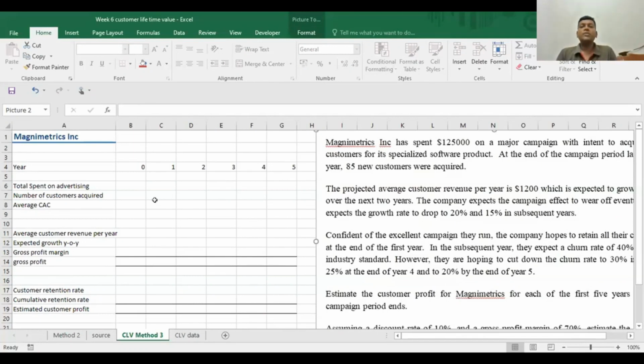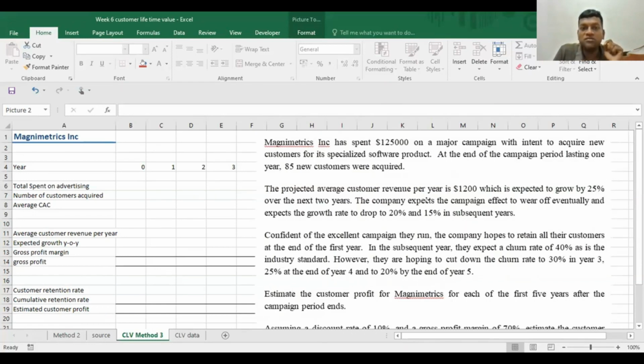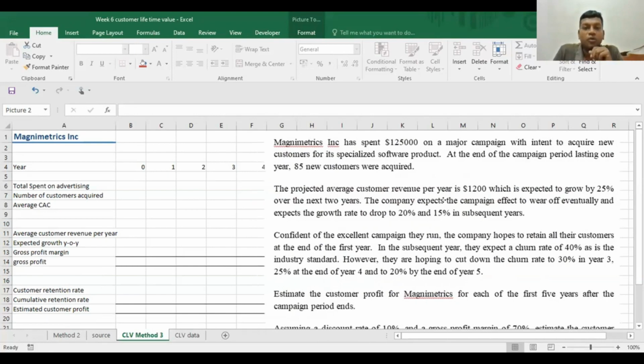So I'm going to begin with the givens in the problem. Magnimetrics Incorporated has spent 1,25,000 on a major campaign with intent to acquire new customers for its specialized software product. At the end of the campaign period lasting 1 year, 85 new customers were acquired.